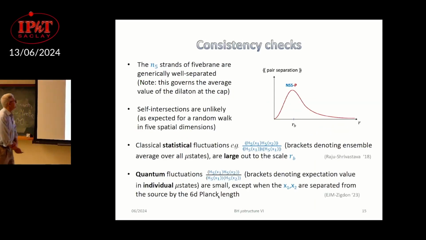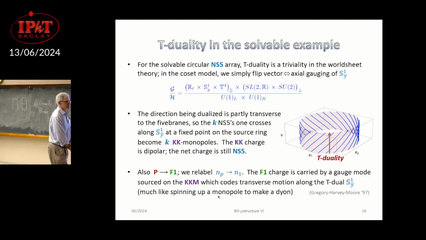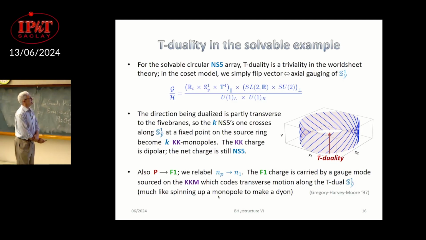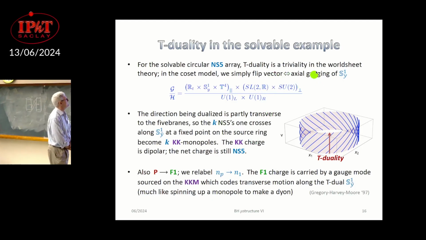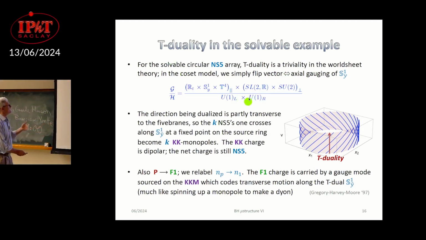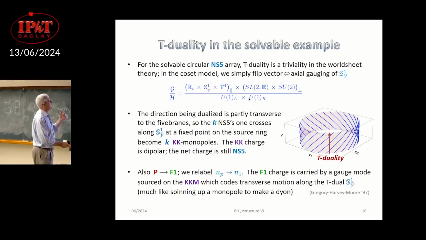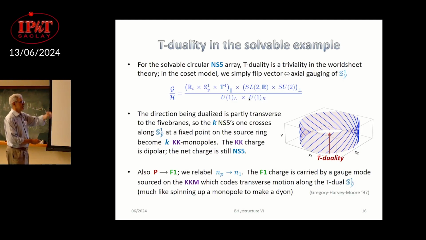Okay. Because it's an exact worldsheet theory, you can take that exact solution and you can T-dualize it. And the T-duality just ends up being some minor modification of the gauging of the Wess-Zumino-Witten model. And so this same sort of gauged Wess-Zumino-Witten model also works as a description of the T-dual solution, where if we have five-branes that are wrapping this circle and we T-dualize, they remain five-branes.